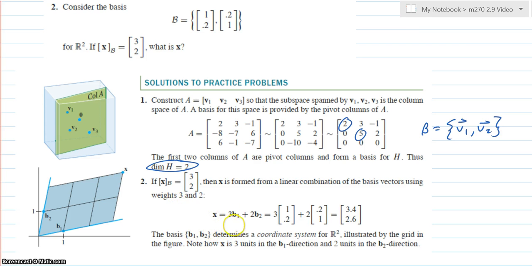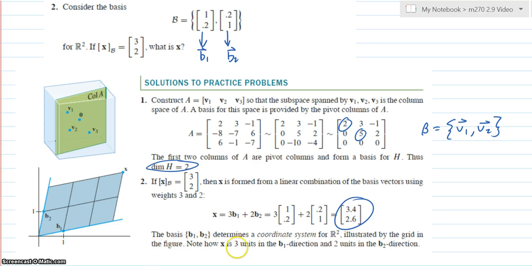So they say x is 3b1 plus 2b2, where this is the b1 and this is the b2, since they didn't write that down. But they did on the second line. There's the b1, there's the b2. They multiply them together, you get 3 plus 0.4, 0.6 plus 2. So there is the x. That's the answer. They wanted you to find the x.